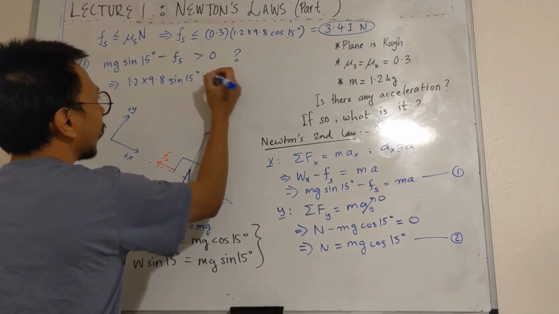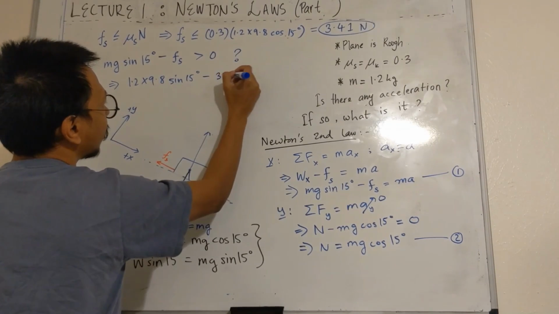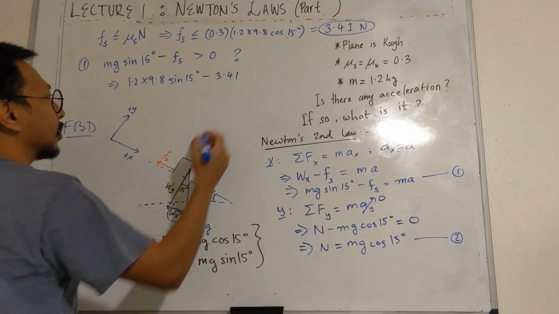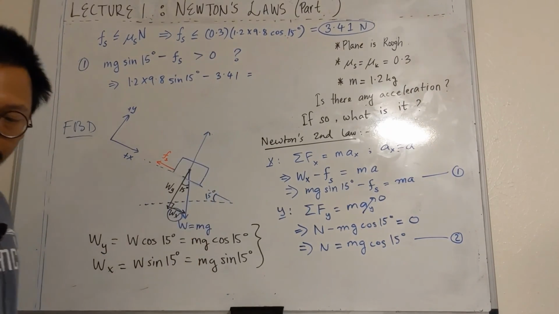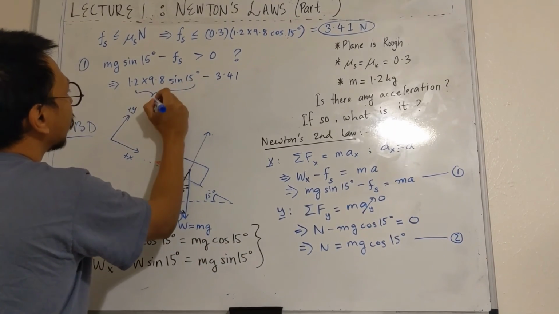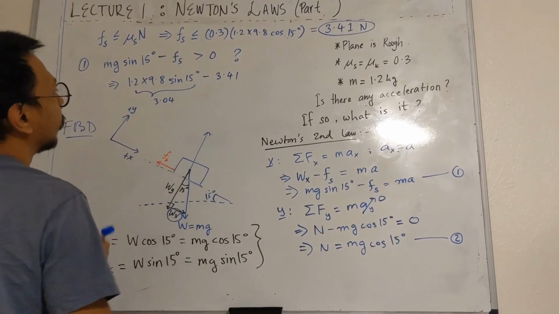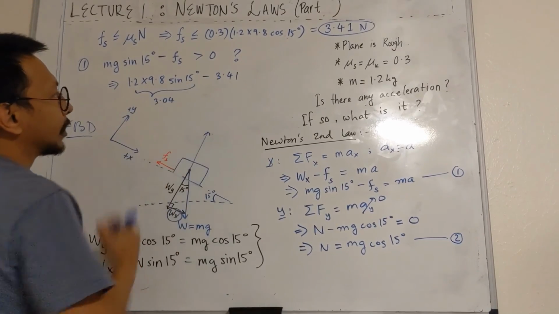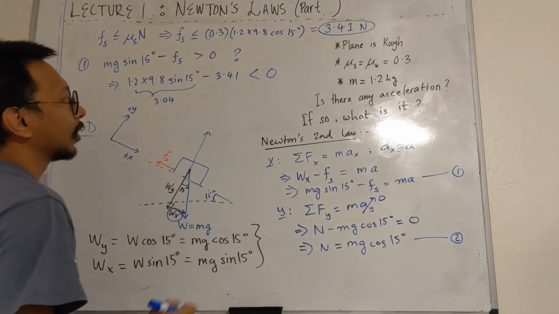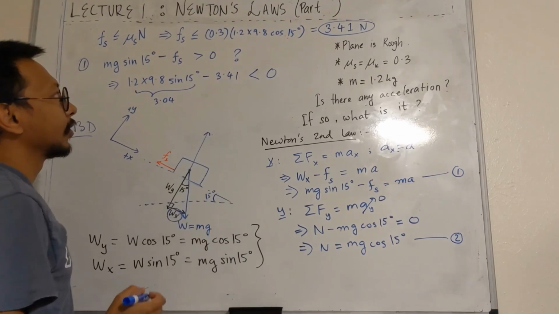Well, fs is 3.41 as we have just calculated. So let's see, what is this? This is 3.04. 3.04 is smaller than 3.41. So it is not greater than 0. In fact, it is less than 0.